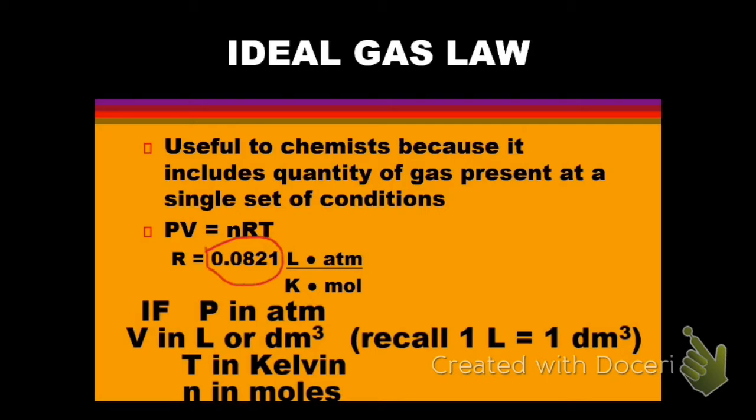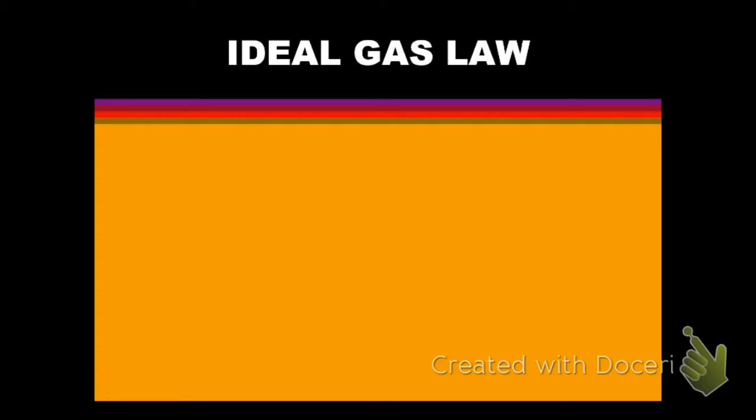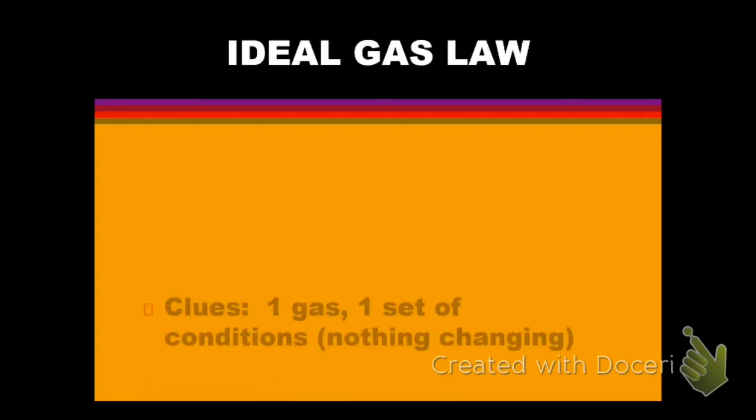So as we look at problems, if they give us a pressure in kPa, we would only be able to use the 0.0821 if we change the kPa to atmospheres. If they gave us a volume in milliliters, we would have to change it to liters before we could use it in the equation along with the value of 0.0821 for our R. So what are our clues going to be that the ideal gas law will apply?